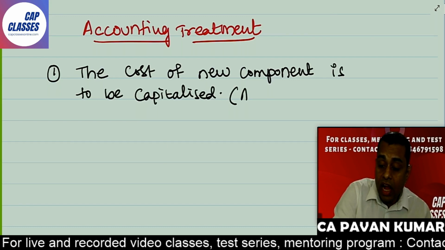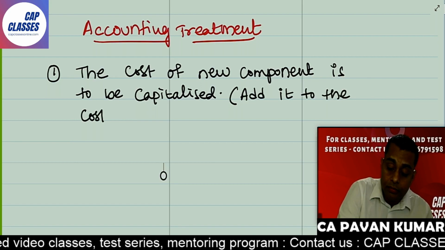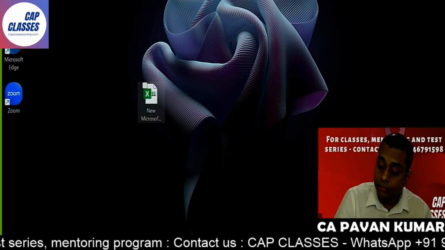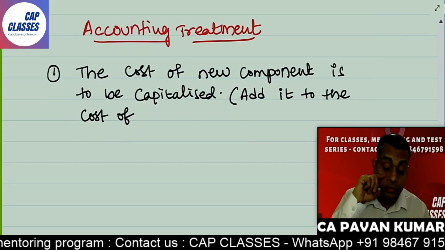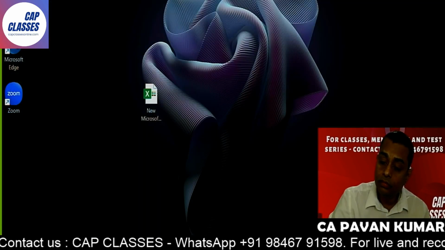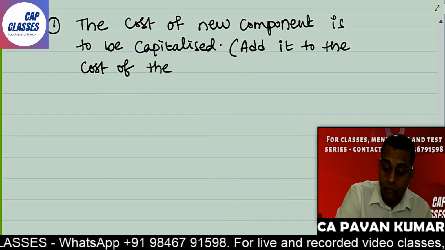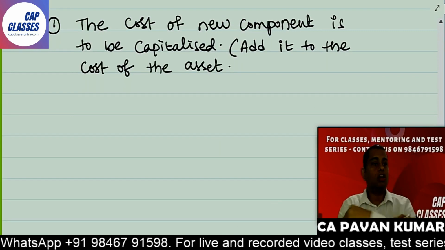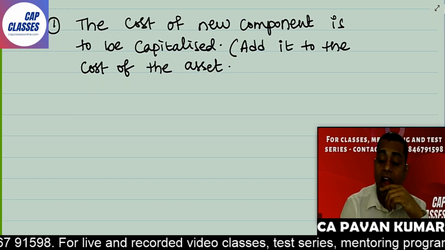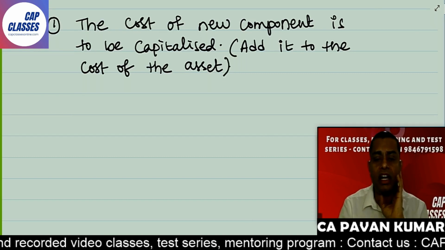That means add it to the cost of the asset. The cost of new component is to be capitalized, that is added to the cost of the asset. This is easy. LKG boy also will understand it.